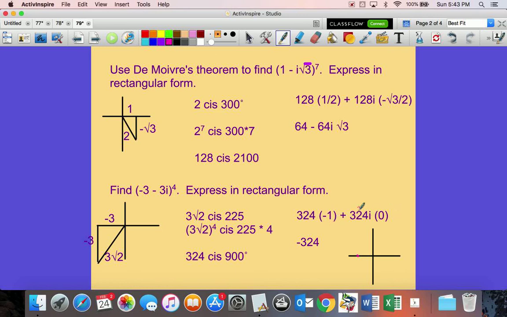For the imaginary part that's dealing with sine, that's the opposite side. That's how much up or down we go. We don't go up and down at all, so that's why this is a 0 here. Multiplying these together, 324 times negative 1 gives us negative 324. 324i times 0 ends up giving us a 0 here. That's why it's negative 324 there.